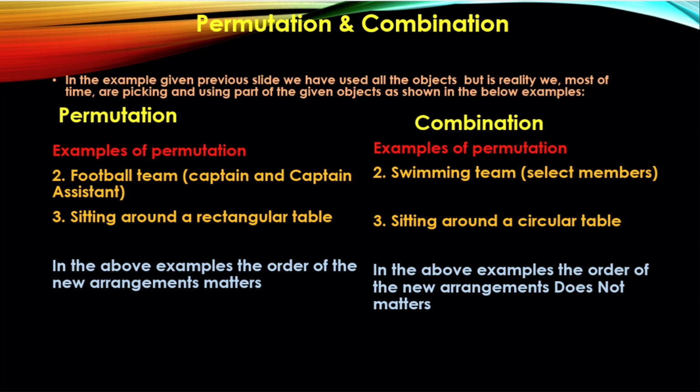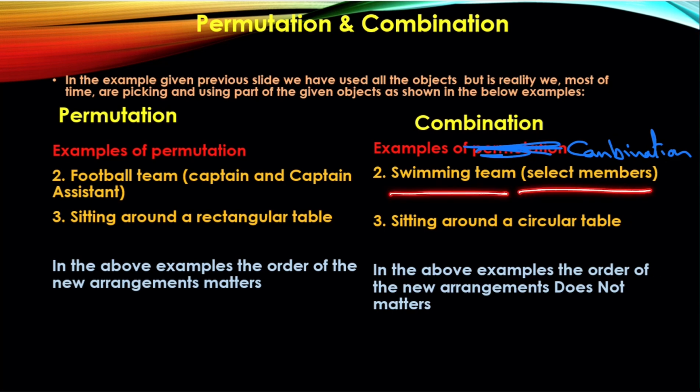If we look at the combination examples, sorry for that, if we have a swimming team and we want to select the members of the team, only members, there is no captain whatsoever, but the members, it doesn't matter.